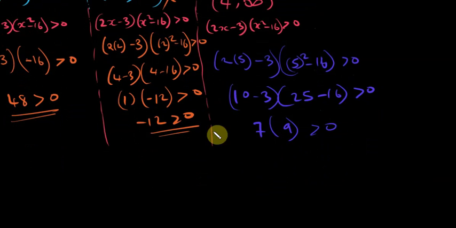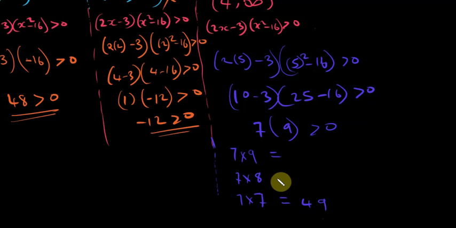7 times 9, what does that give us? Okay, 7 times 7 is 49. 7 times 8 is 49 plus 7.